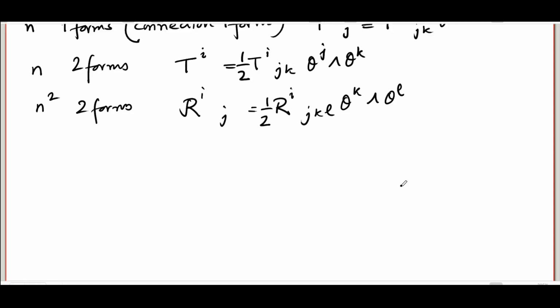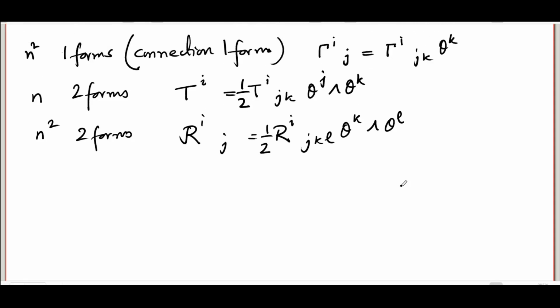Now, the reason why these forms are so useful is actually that there are equations which tell you how to calculate these entities directly. So that once you've calculated T^i and R^i_j, you can just expand them in the basis. In fact, they will come usually expanded in the basis. And from that, you can immediately read off what the coefficients are going to be.